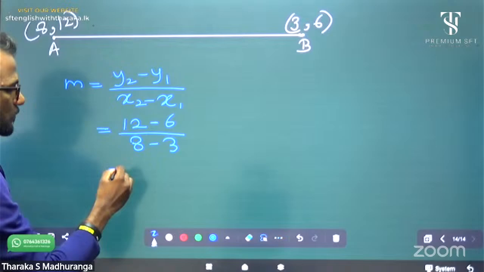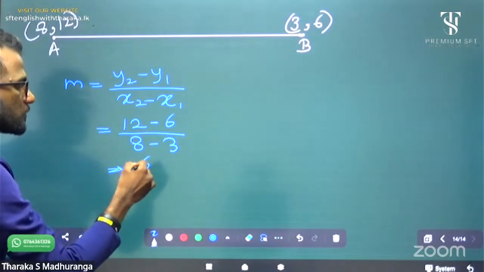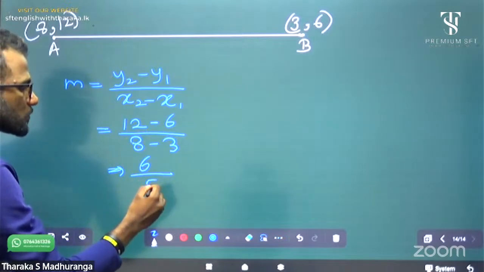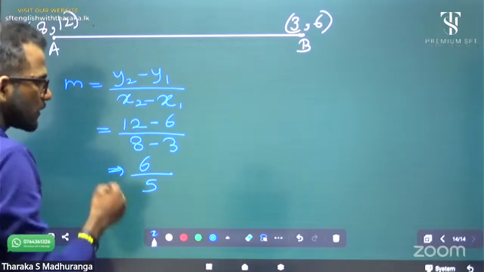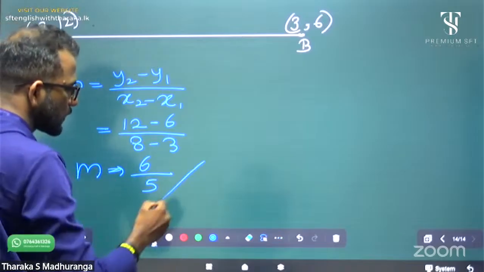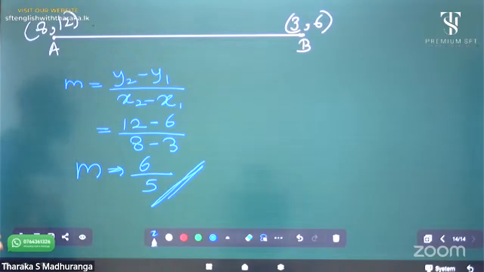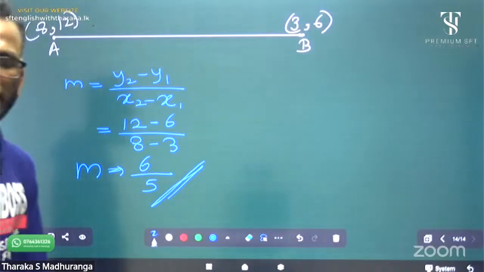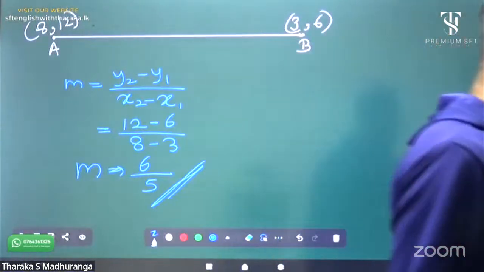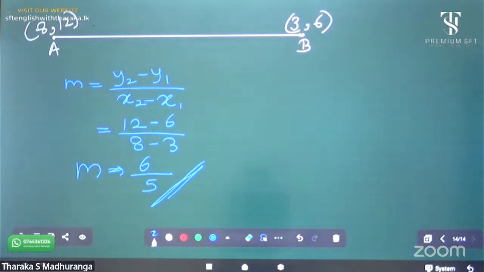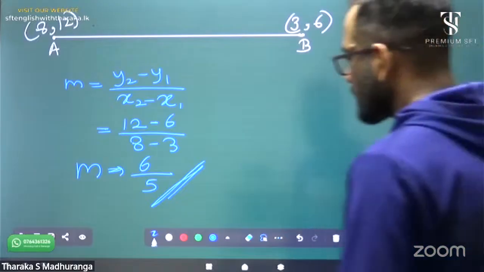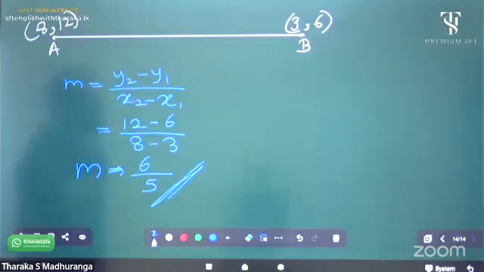What's the answer? 12 minus 6 is 6. 8 minus 3 is 5. 6 over 5 is the gradient of this straight line.